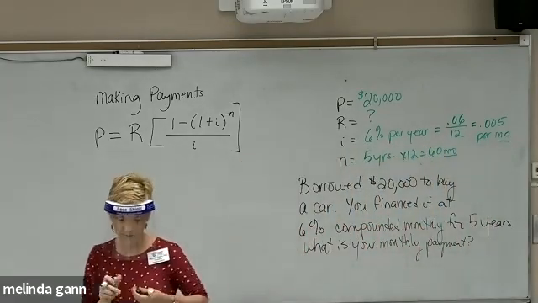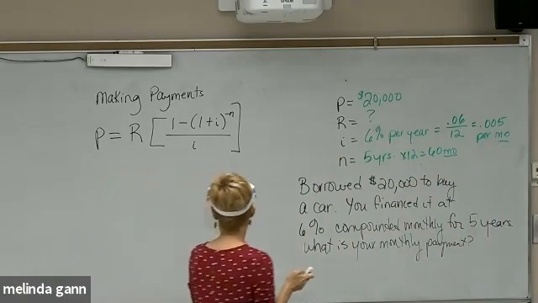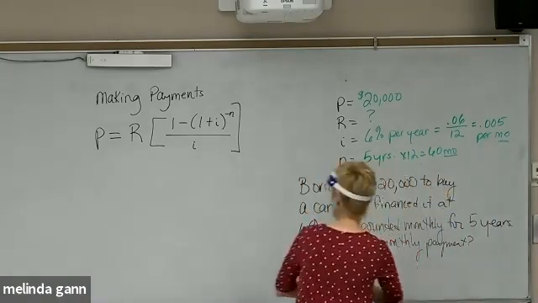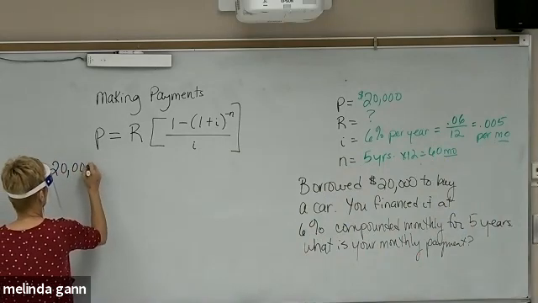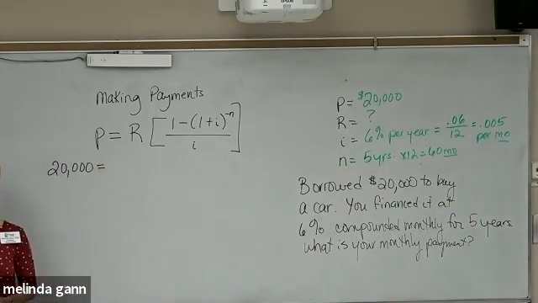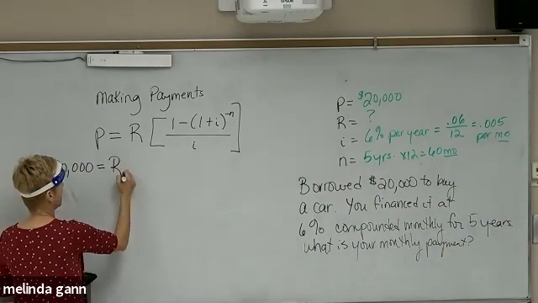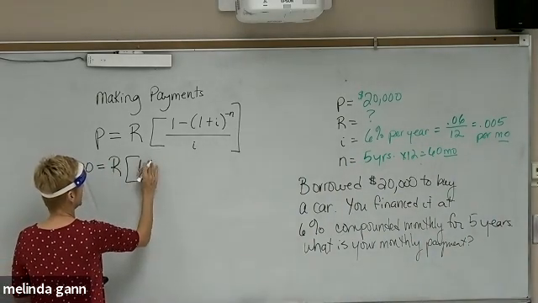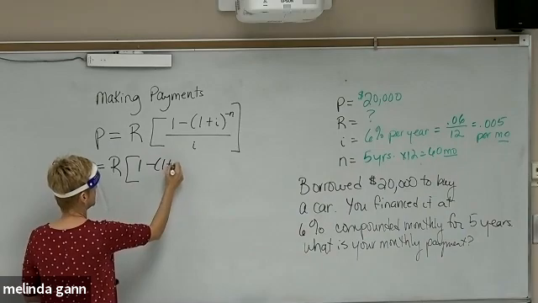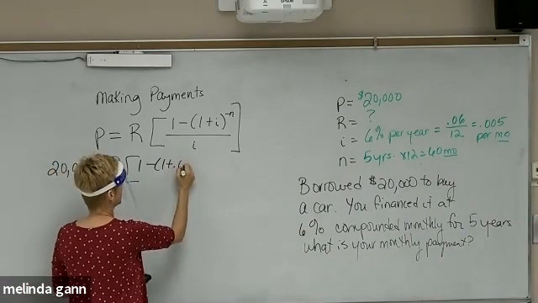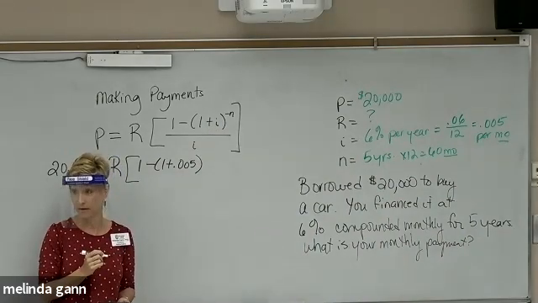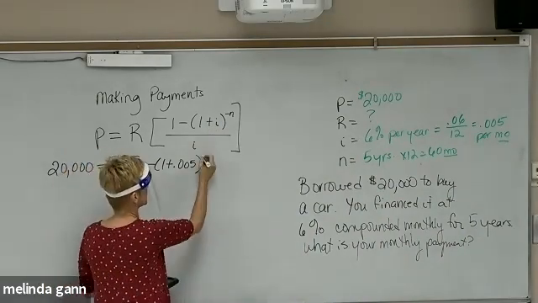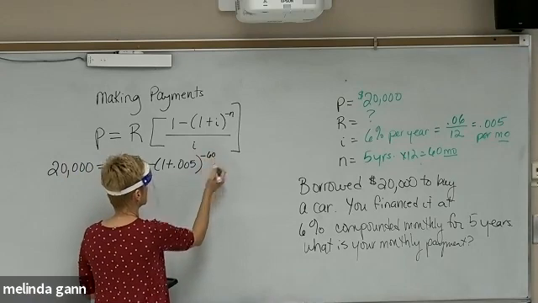Let's go substitute into our formula. My P over here is 20,000. I don't know my R, so I'll leave it R. I've got 1 minus 1 plus my I, which is 0.005. Now notice this N has a negative in front of it, so that's not going to be 60, it's going to be a negative 60.